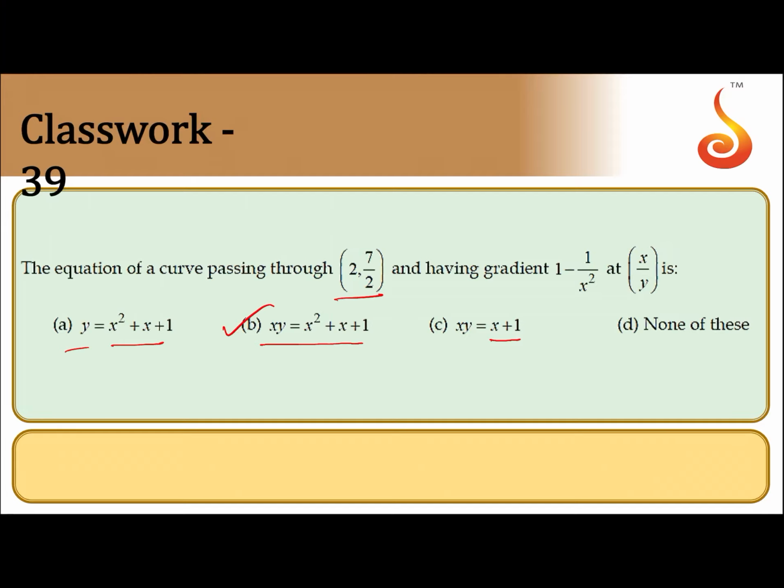So of course this is the chance xy is equals to x square plus x plus 1 will be satisfying the answer here. So x square satisfying, the curve is passing through the point. Let me check up the gradient, 1 minus 1 by x square.